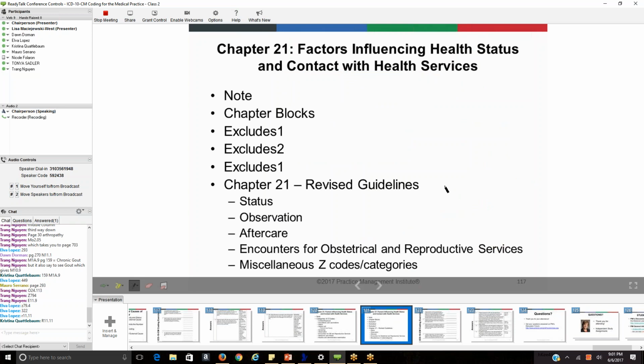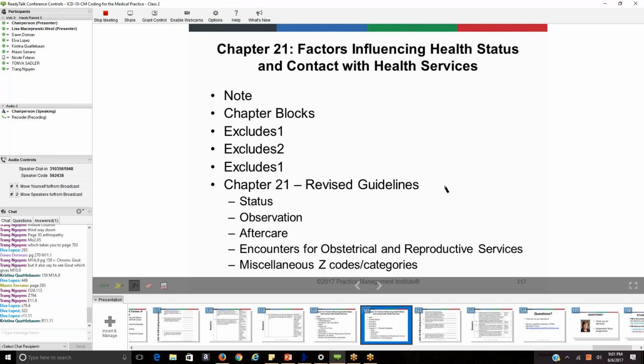Generally, these are going to be codes that represent patient history, history of falls, history of tobacco use, etc., but also different types of routine encounters. For example, there is one called the supervision of routine pregnancy. So when a patient comes in the middle of their pregnancy for just a routine visit, they would use that Z code instead of a code from chapter 15.